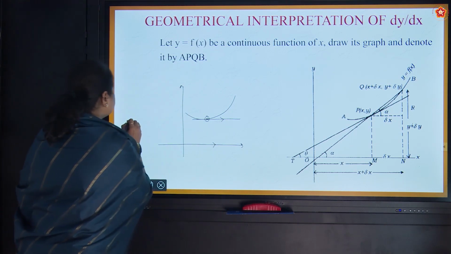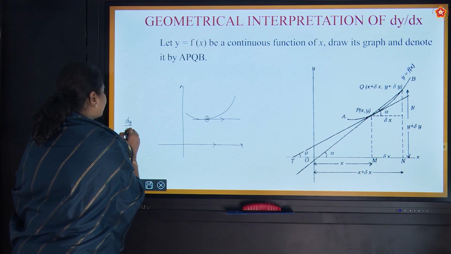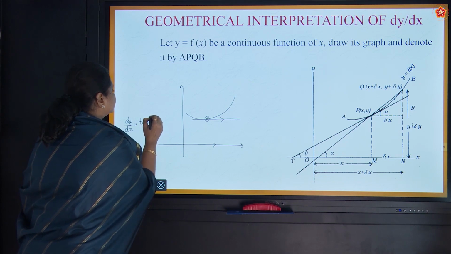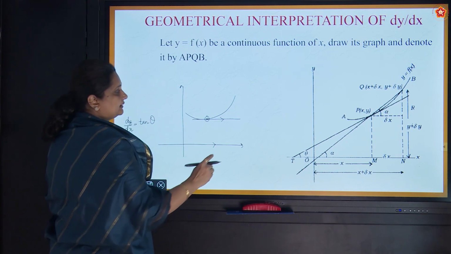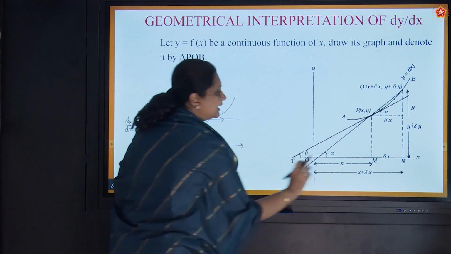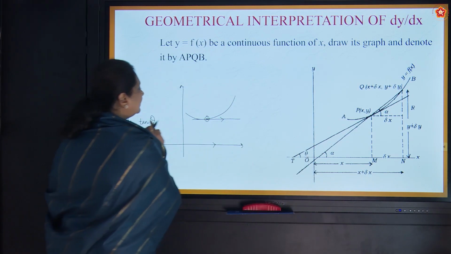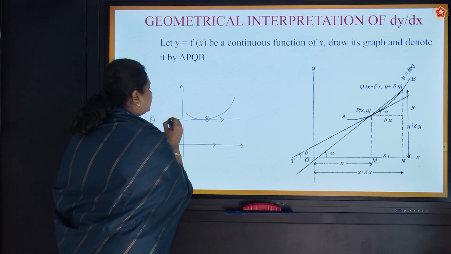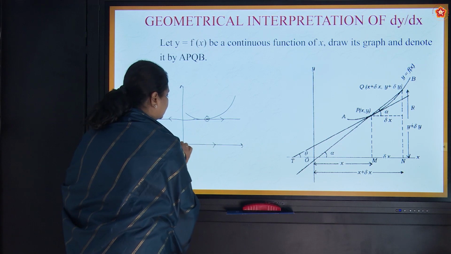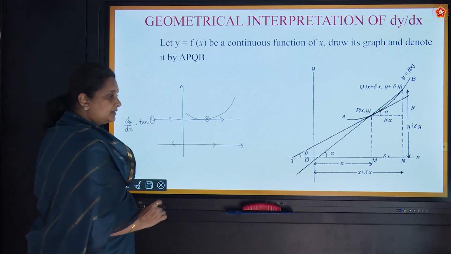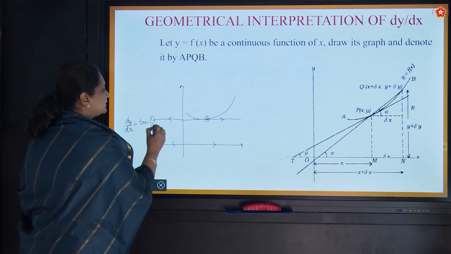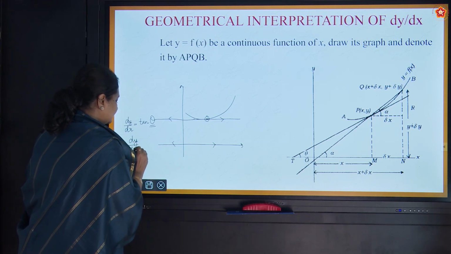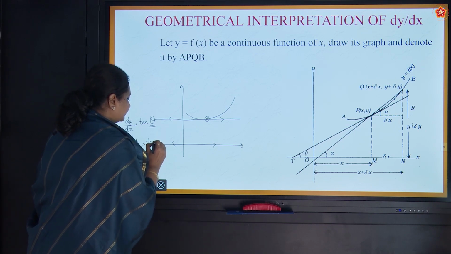So we know that dy by dx is tan theta. Now what is theta? The angle that the tangent makes with the x-axis. Now what angle will this tangent make with the x-axis? If you extend this, it's always going to be parallel to the x-axis. So it means that our theta is 0. So our dy by dx is going to be tan 0.